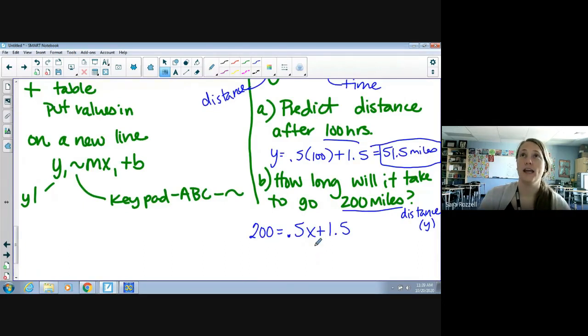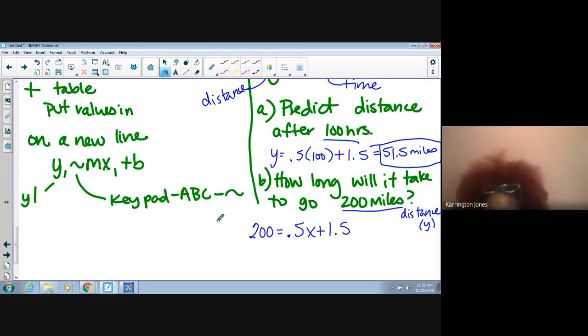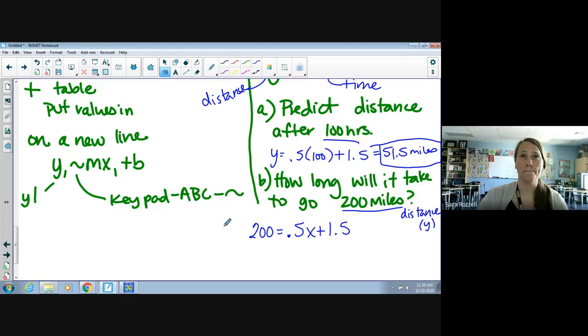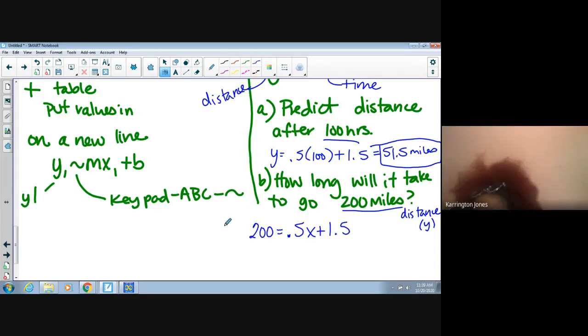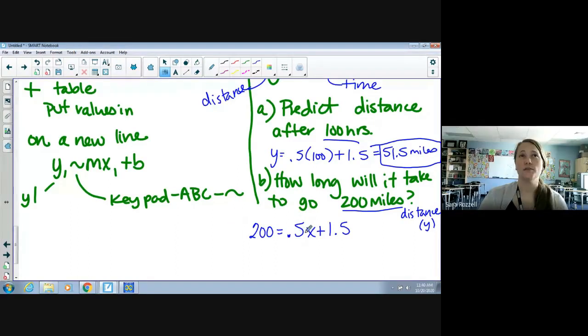Okay, and now we want to get X by itself. So what's our first step? Let me call on somebody real quick. How about Carrington, your first step on this problem? We're trying to get X by itself. Are we going to move the 0.5 or the 1.5 first?